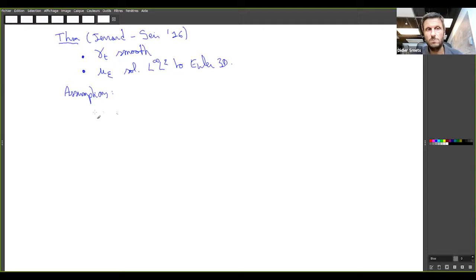So what are the assumptions? The first assumption is that U epsilon is conservative. Okay, we are dealing with weak solutions of Euler, so this is not a guarantee, it's conservative. Okay, the second assumption is that the length of those curves gamma t has to be constant.